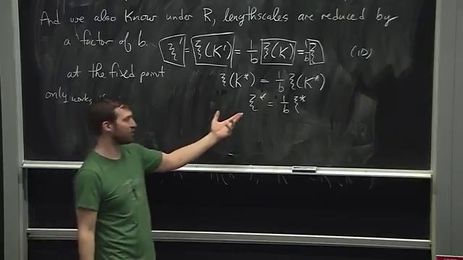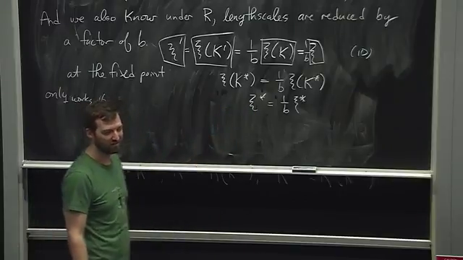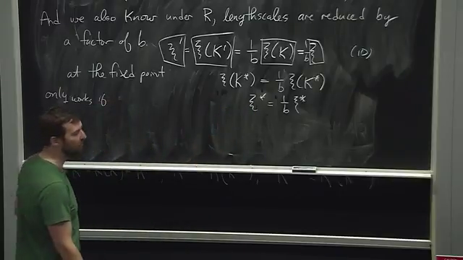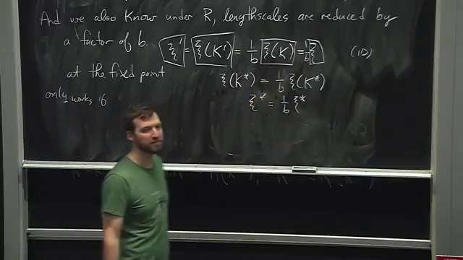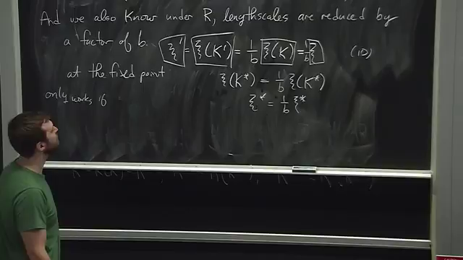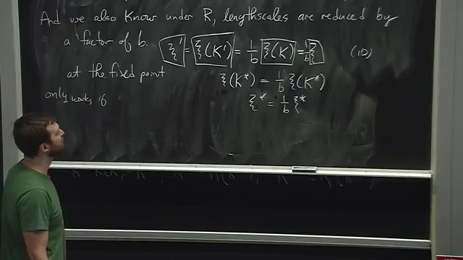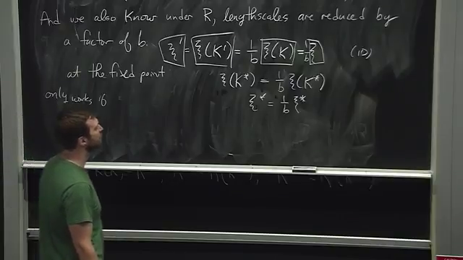So what is the correlation length at the fixed point? That's all I'm saying. I just forgot that 1 over B there. That equation looks confusing. So psi over K star equals 1 over B psi over K star. Does this make sense?